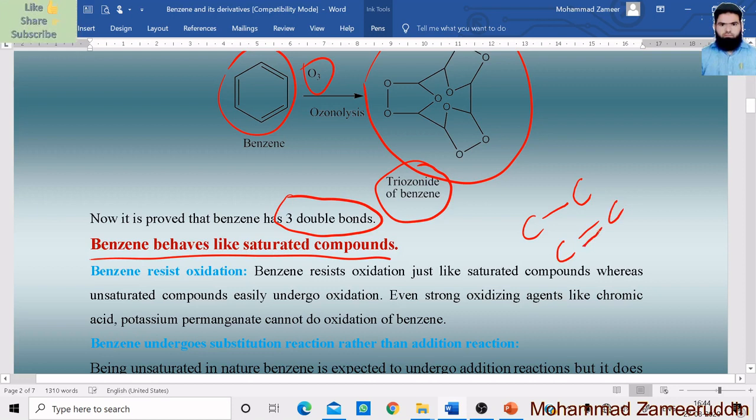So the meaning of this sentence is that benzene has 3 double bonds, so it is an unsaturated compound, but still it acts like a saturated compound.